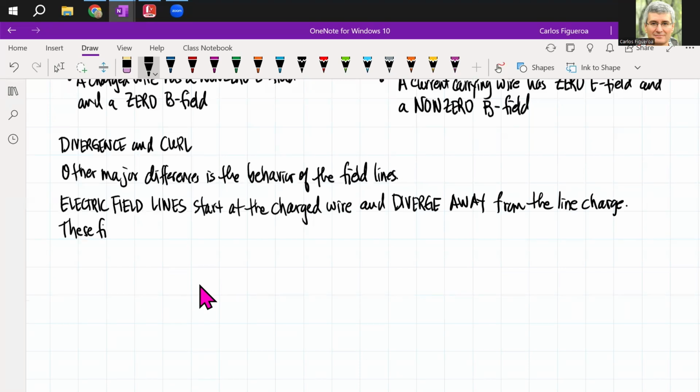These field lines never come back to the line charge. They point out radially and they're never going to turn.